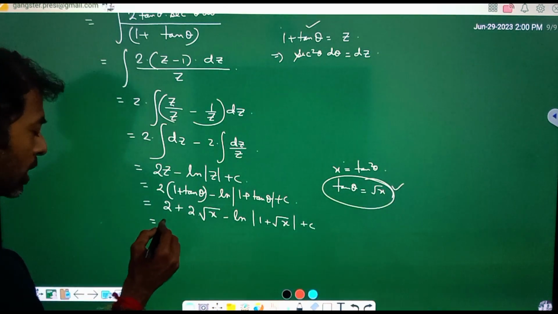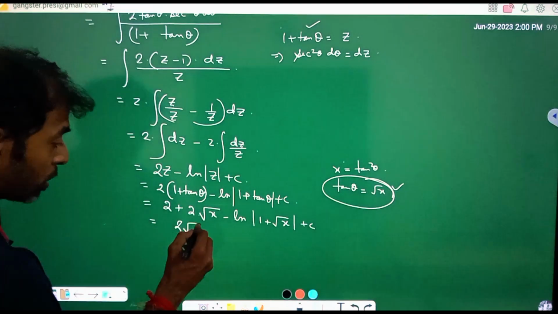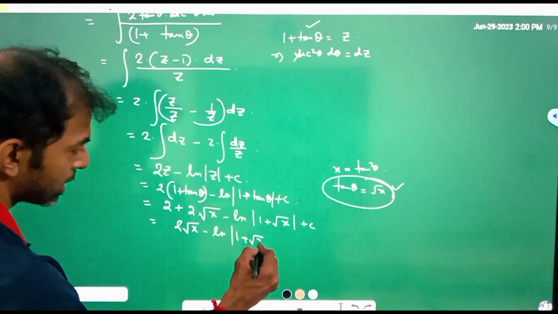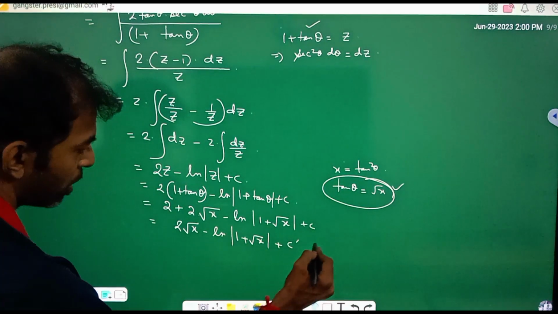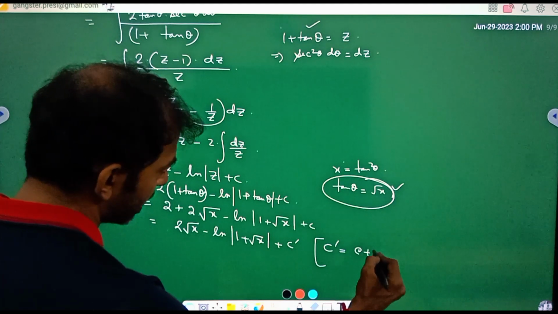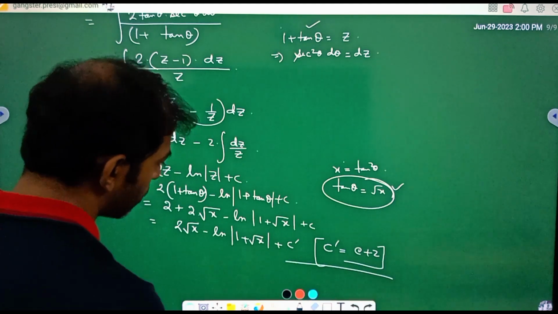So the ultimate result will be 2 root under x minus log mod 1 plus root x plus c prime, where c prime indicates the sum of the two integral constants. So that's our problem.